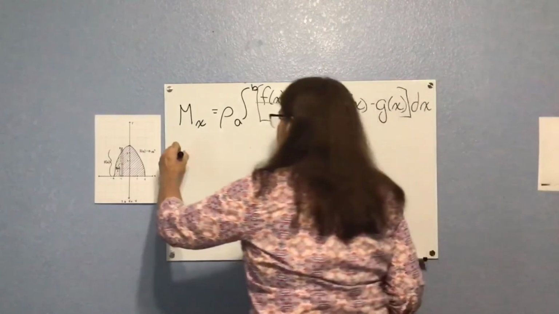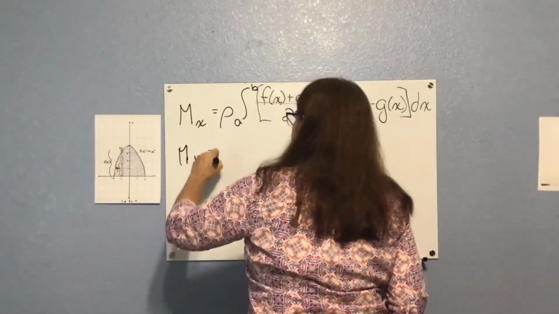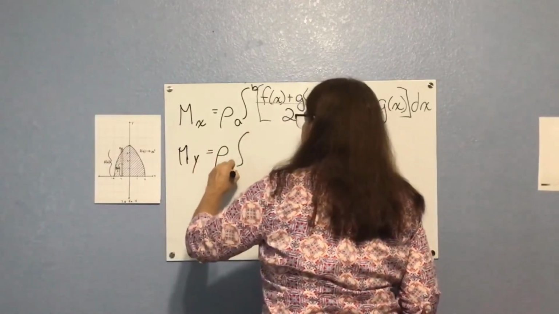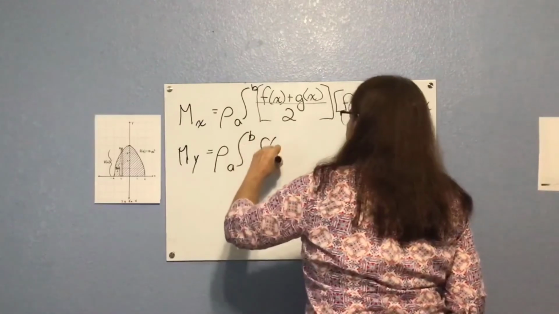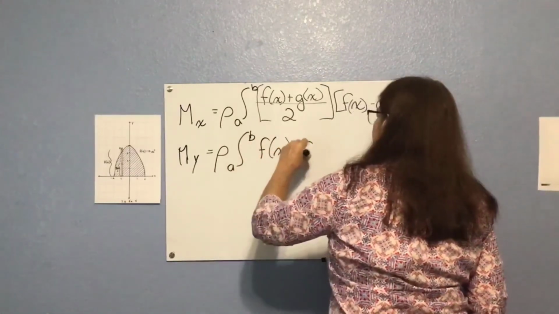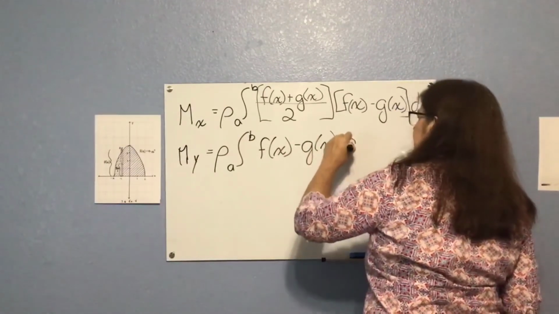Okay, the moment about the y-axis is a little bit simpler. It's just f of x minus g of x dx.